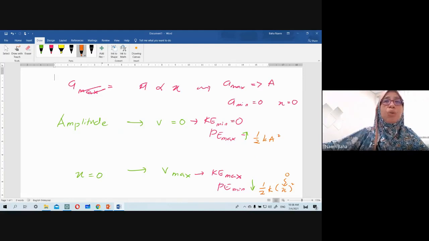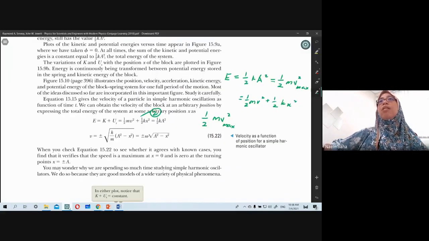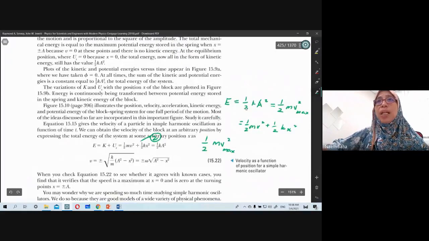That's the reason why I mentioned, if the question asks what the total energy is, you don't need to use that long expression. You can straight away use half K A squared, then you get the total energy. Or half mv squared, just ensure that v is maximum. So total energy is half K A squared or half mv squared.